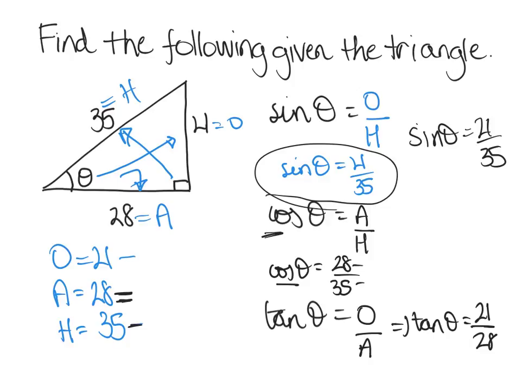And you can simplify that if you like, because 7 goes into 21 and 7 goes into 35. So sine of theta would be 3 over 5. 7 goes into 21 3 times, and 7 goes into 35 5 times. And the others simplify as well. Okay, let's move on.